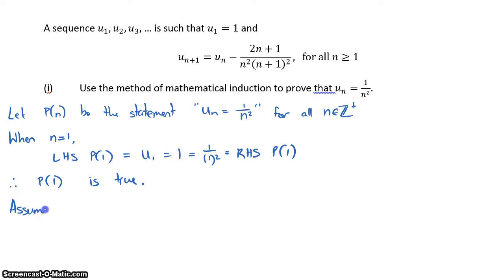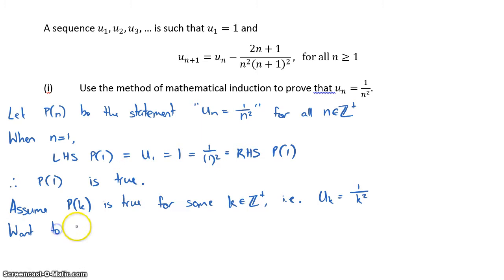Assume Pk is true for some positive integer k, i.e. uk is equal to 1 over k squared. We want to show Pk plus 1 is true.